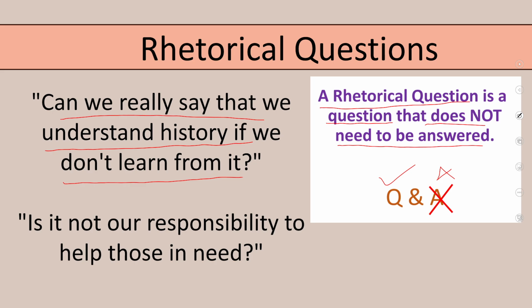So instead of saying that we need to understand history and learn from it, you can just pose it like a rhetorical question. You can say, can we really say that we understand history if we don't learn from it? You do not want any answer from the audience because the answer is implied in the question itself.